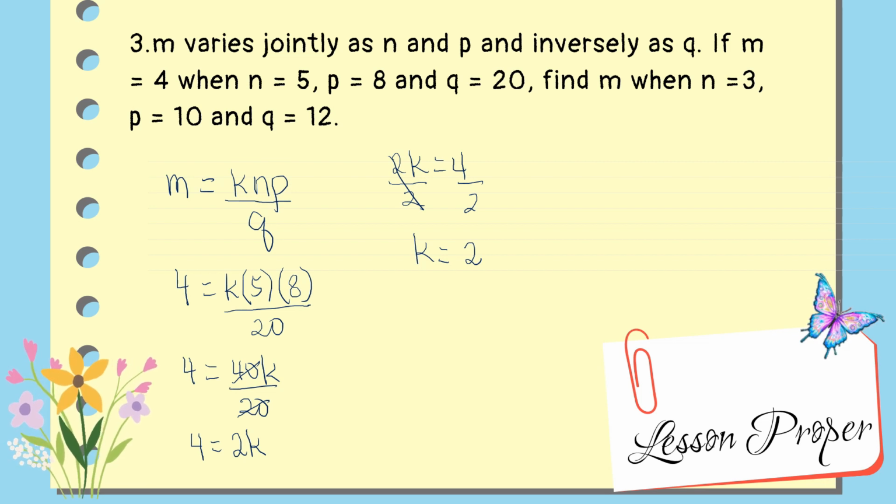Now find M when N equals 3, P equals 10, and Q equals 12. So to solve for M, we substitute all the values. M equals K N P over Q. M equals, value of K is 2, value of N is 3, value of P is 10, and value of Q is 12.